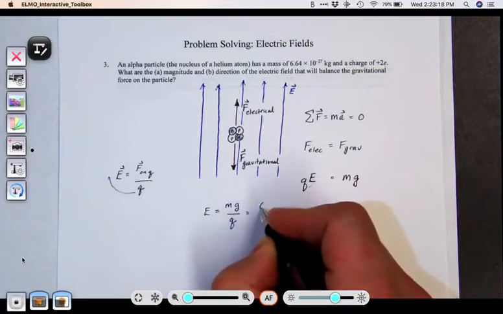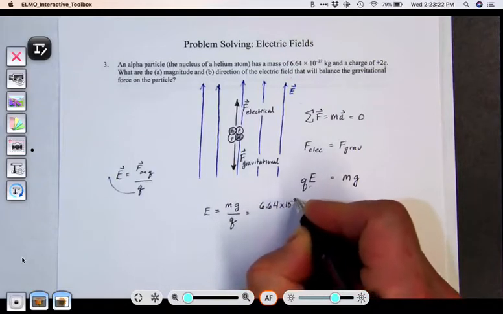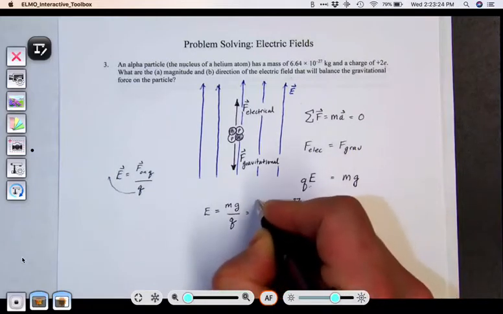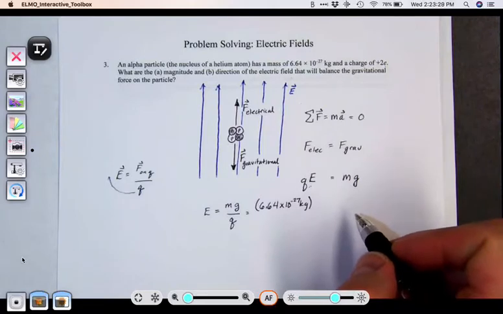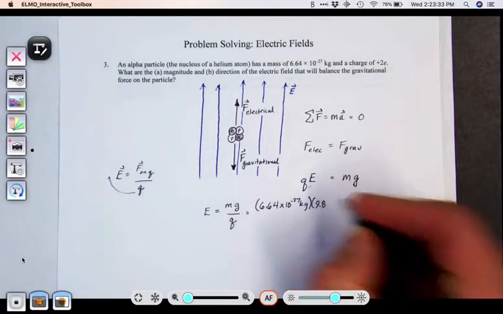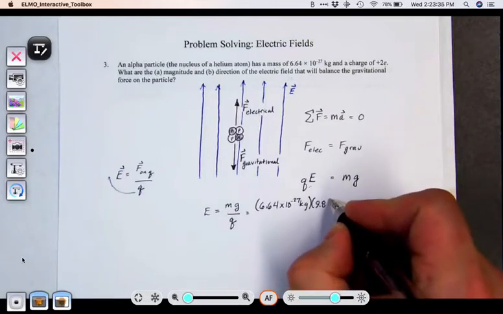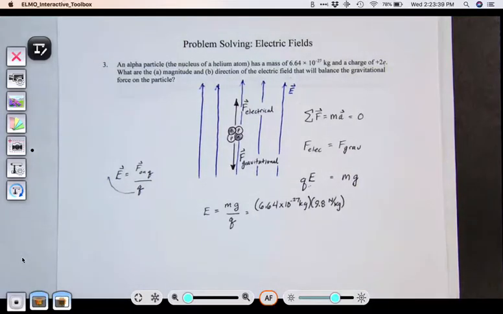The mass, the problem tells us, of the alpha particle is 6.64 times 10 to the minus 27 kilograms. You chemists out there might recognize that as 4 AMUs. G is 9.8 or 9.81, whichever you prefer. I'm going to use newtons per kilogram because it's going to leave me with standard units for electric field.